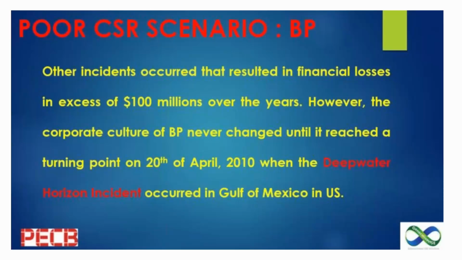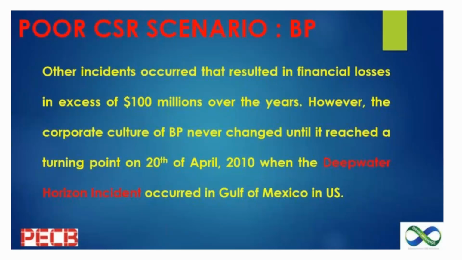The whole world was aware, was a viewing audience to this incident on the 20th of April 2010, when the Deepwater Horizon incident occurred in the Gulf of Mexico in the US.